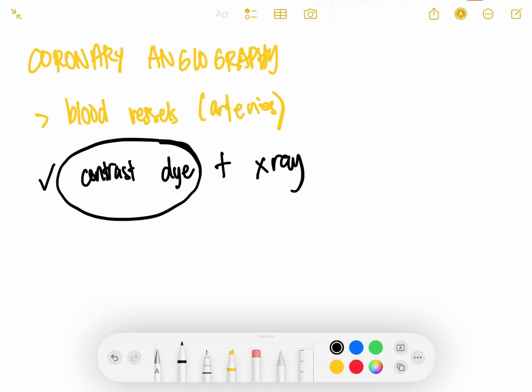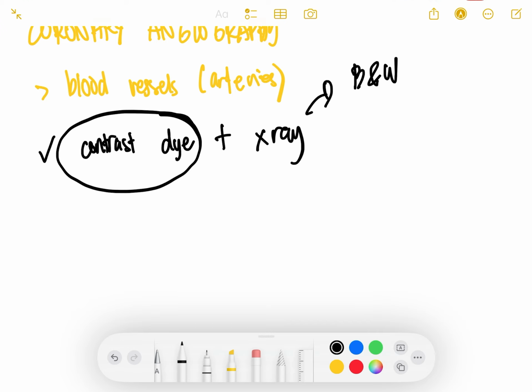For what reason? Yung contrast dye, this provides better visualization. Paano? Ano ba ang nakikita nating kulay ng X-ray? Diba X-ray is produced in black and white? Pag tumingin tayo ng results ng X-ray, usually black and white. Now, okay, yung contrast dye, parang ang nangyayari dyan, kinukulayan niya yung blood vessels ng puti. Okay? Para mas maging pronounced or mas emphasized yung itsura ng structures na yon pagdating sa X-ray.